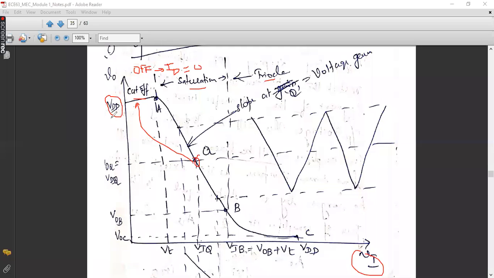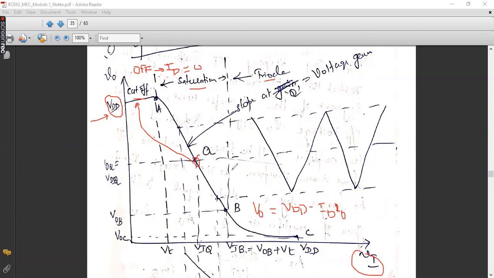In that case, you have to establish how you got this maximum output voltage by using your large signal analysis equation, that is V0 is equal to VDD minus IDRD, which we did in the last class. By making use of this equation, you establish how the maximum voltage is equivalent to VDD. Clear?